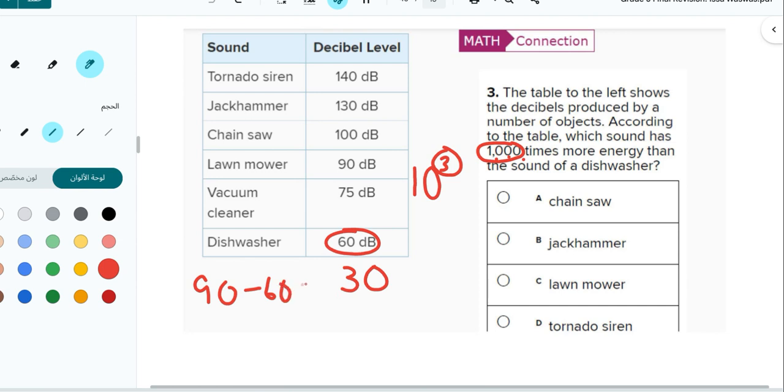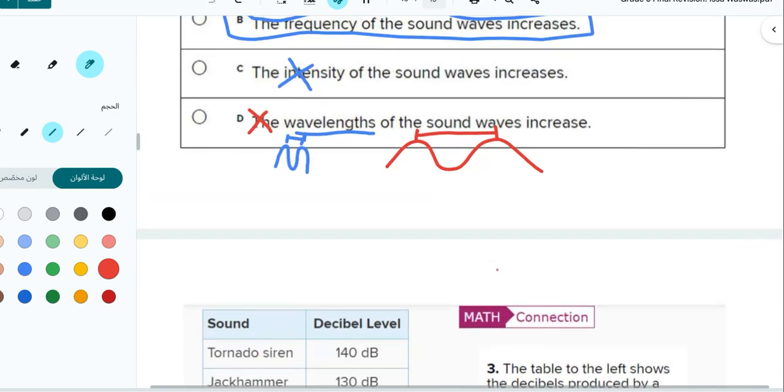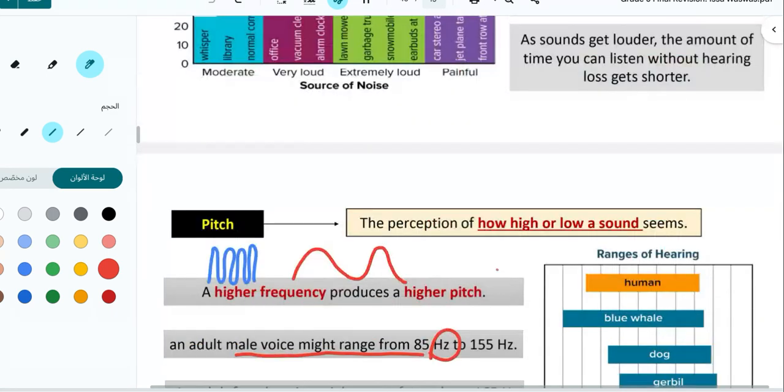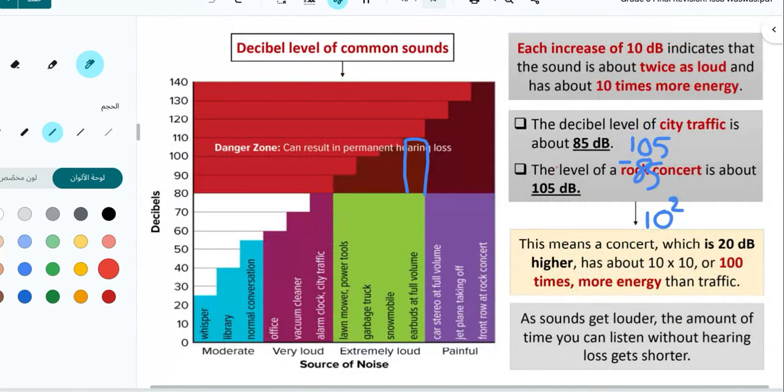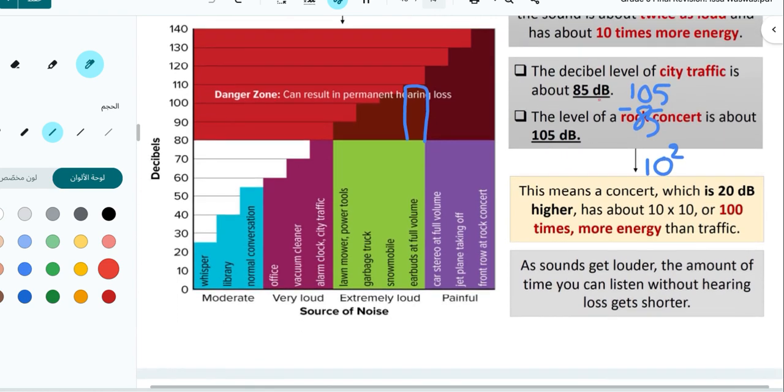So what has 90? That is the lawnmower. And again, this question is directly related to the information we went over here. So hopefully you have some understanding of how I did that math there.